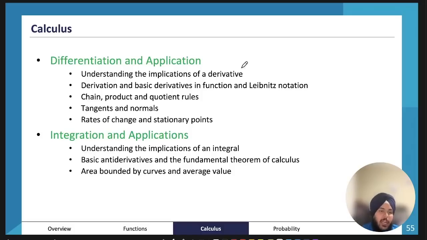Then we'll be looking at the chain, product, and quotient rules, tangents and normals, and rates of change, as well as stationary points. And then we'll look at integration and application, so understanding the implications of an integral, understanding basic antiderivatives and the fundamental theorem of calculus, as well as area bounded by curves and the average value.